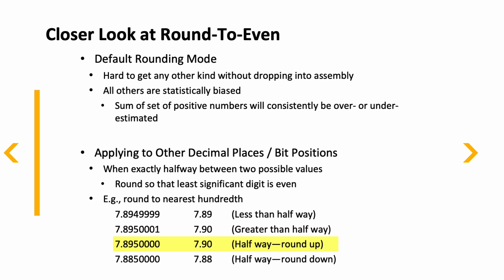That's round to even. Same kind of idea with 7.885 and then a bunch of zeros. If I were to round up to 7.89, I land with an odd number in my least significant digit, so that's not going to work. So in that case, I round down to 7.88 so that least significant digit ends up being even.